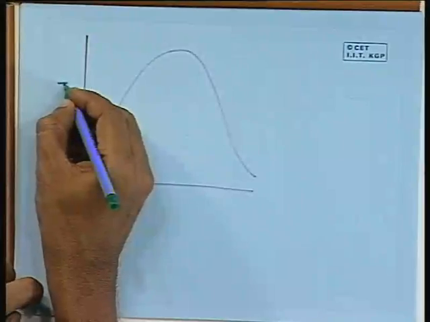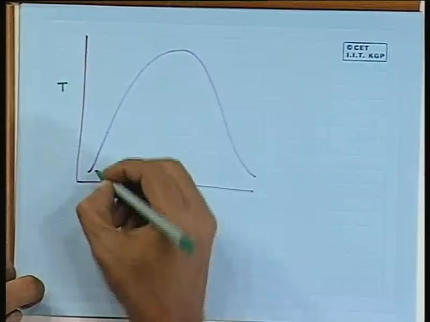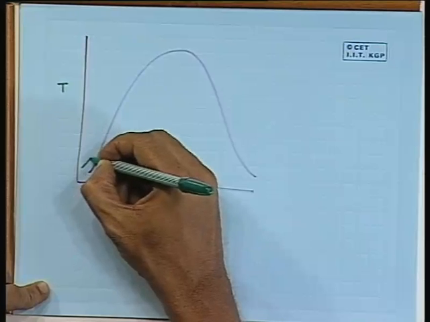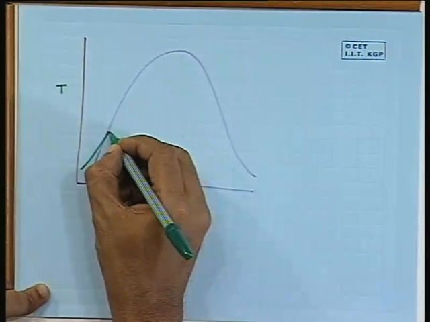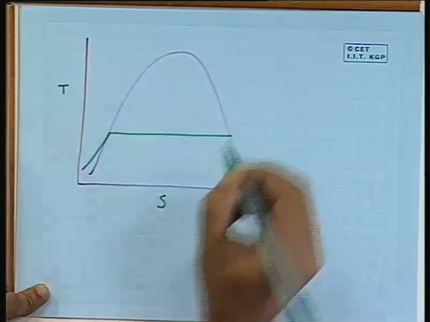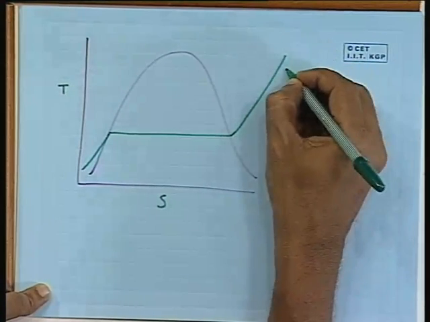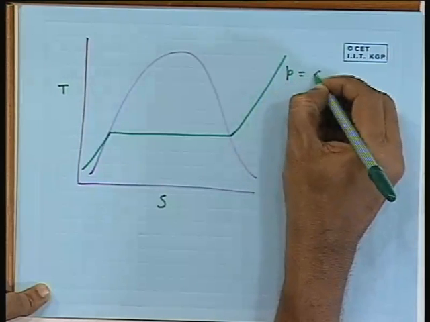Let us take the help of a TS diagram. This is the TS diagram, and here we have a constant pressure line like this. P is constant.